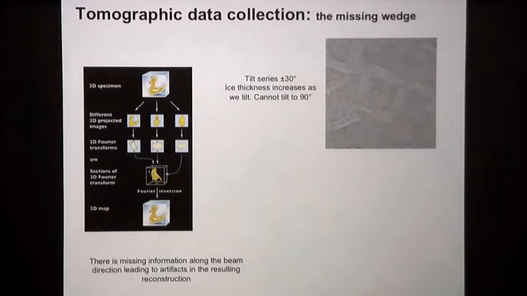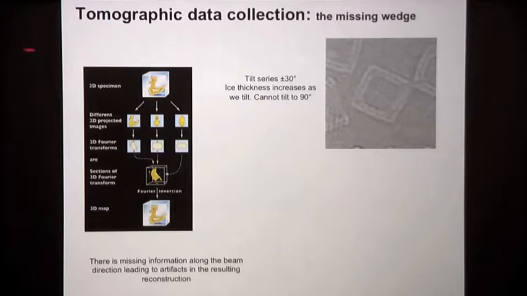So let's imagine that we were to tilt our grid 90 degrees. Then the electron beam would have to pass through the entire width of the grid, and that's clearly not possible. So practically, tilt series data is acquired from plus 65 to 70 degrees to minus 65 to 70 degrees. If you remember from Tony Crowther's talk, two-dimensional projections of our three-dimensional object are simply slices.